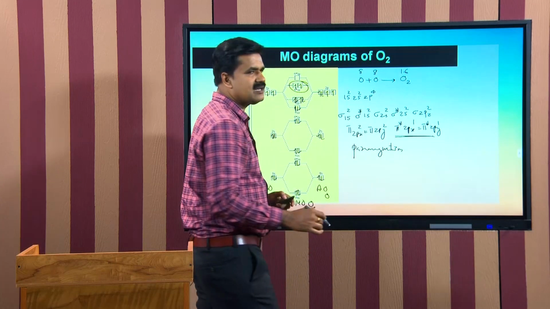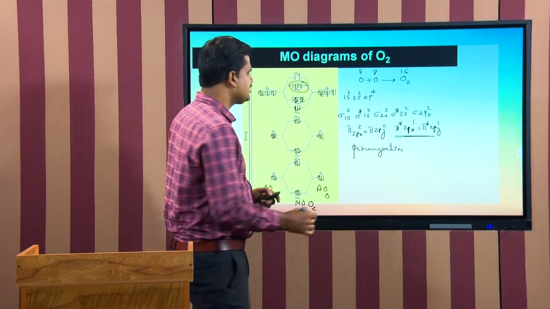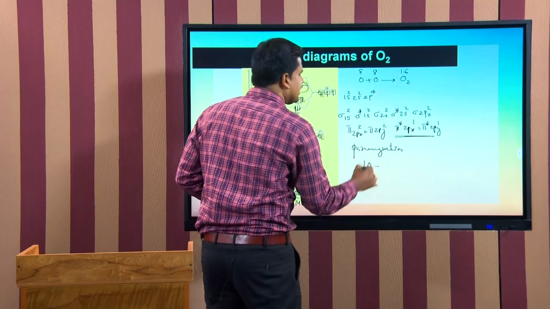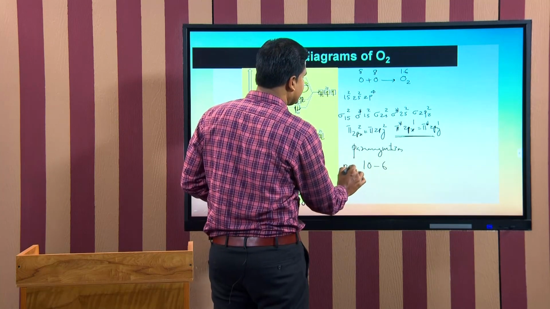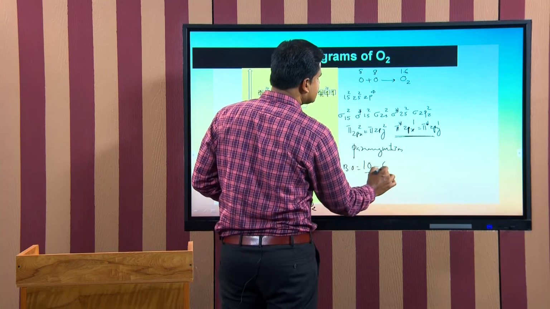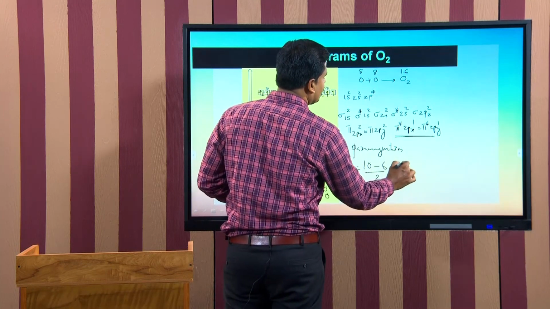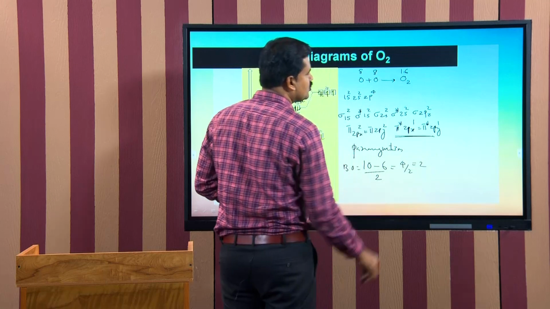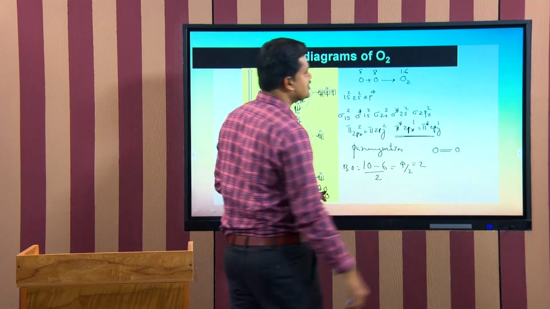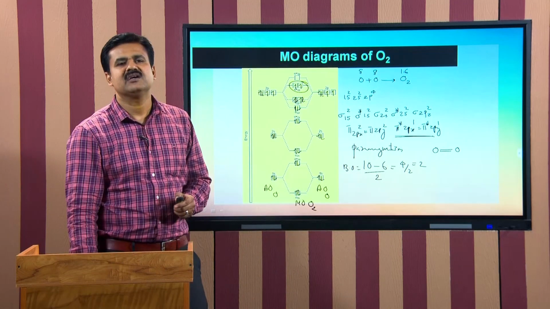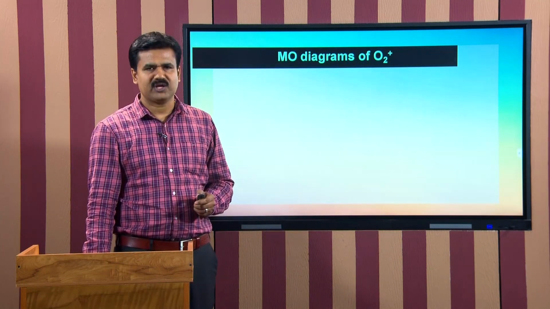So here there are 10 bonding electrons, and the remaining 6 are antibonding electrons. So bond order is equal to 10 minus 6 by 2, that is 4 by 2, that is equal to 2, which simply implies that a double bond exists between the oxygen atoms. This is about the MO diagram of the oxygen molecule.